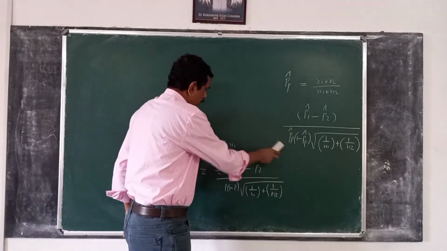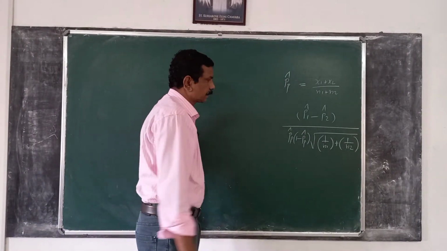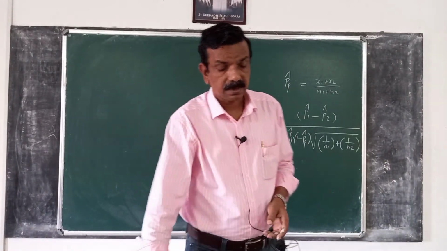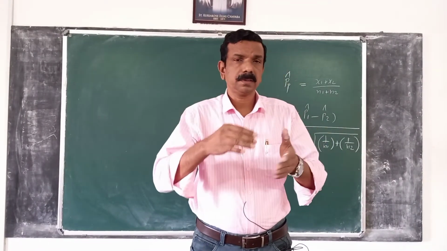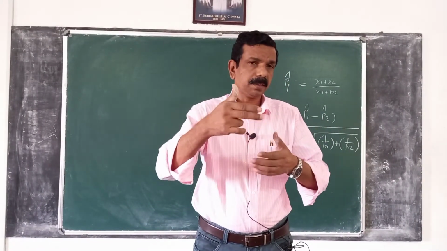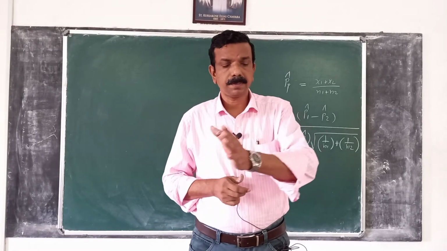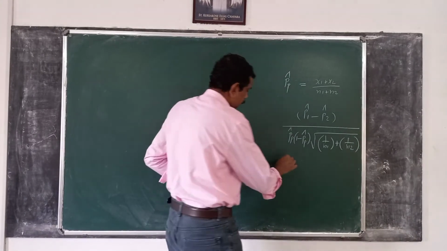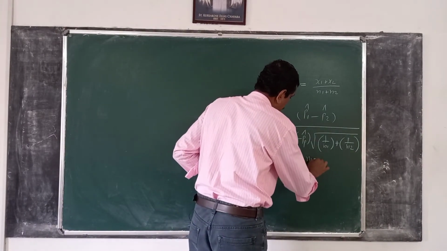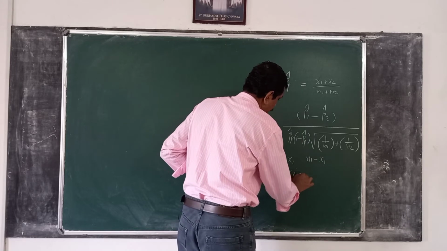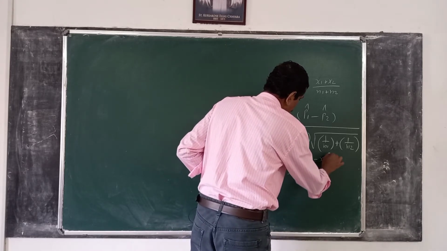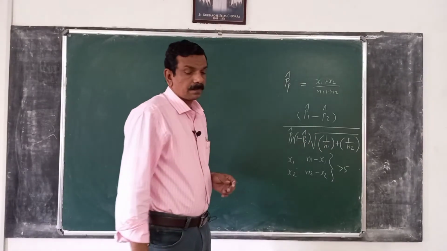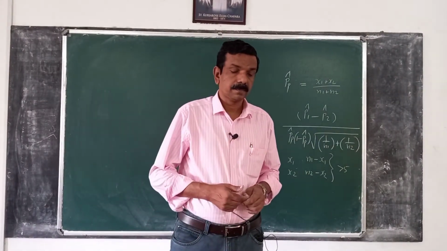Now let me explain the steps. The procedure is based on assumptions: a simple random sample, which we repeat in all the cases, and independent samples. Then x1, n1 minus x1, x2, n2 minus x2 are all 5 or greater than 5.